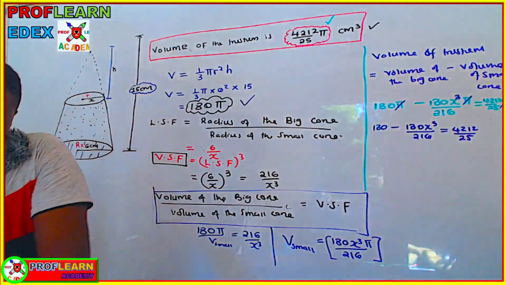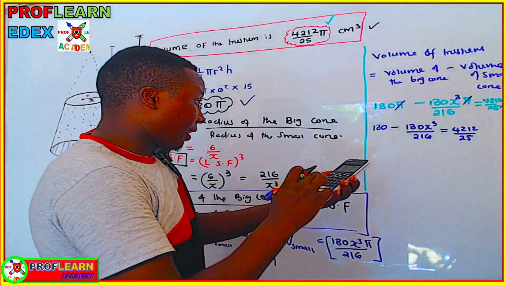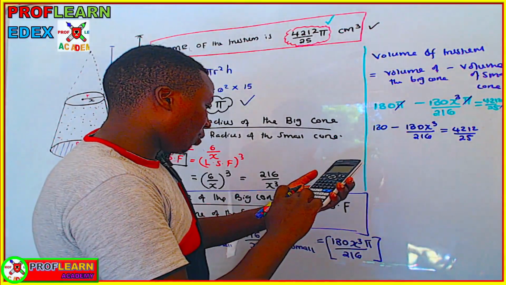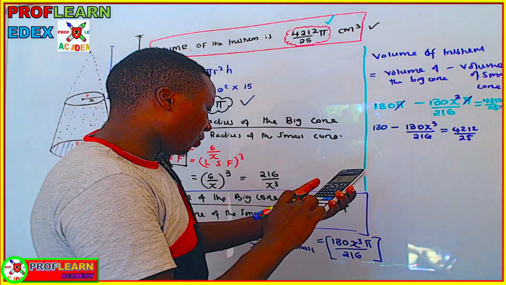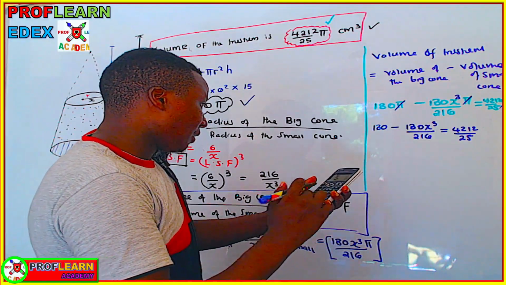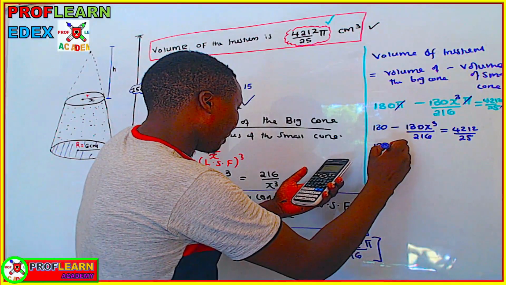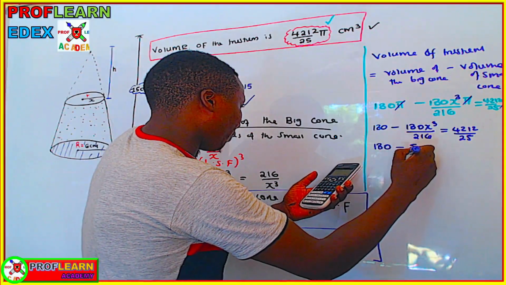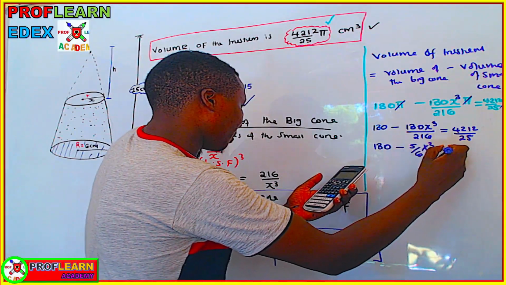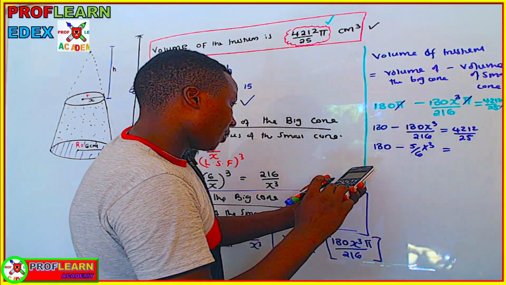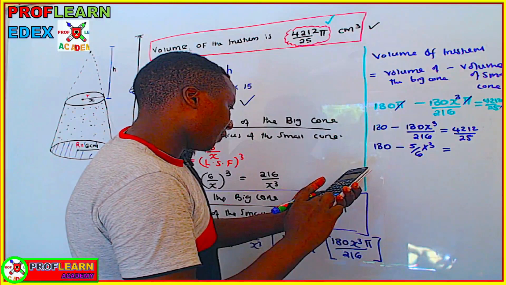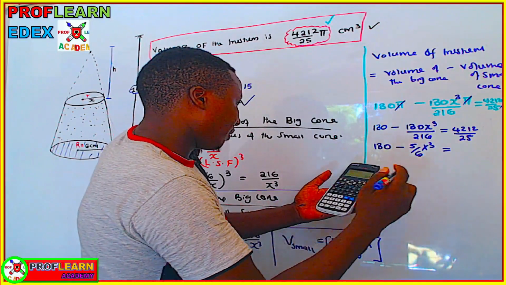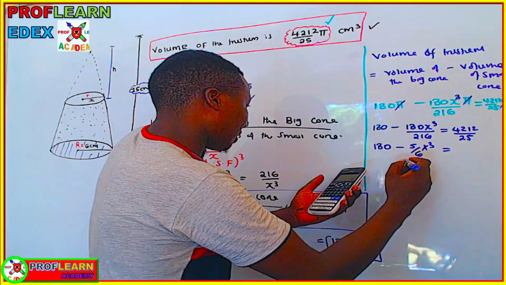So we are going to work out 180 divided by 216. This translates to 180 minus 5 over 6 x cubed equals 4212 divided by 25. That one, we can leave at that point.